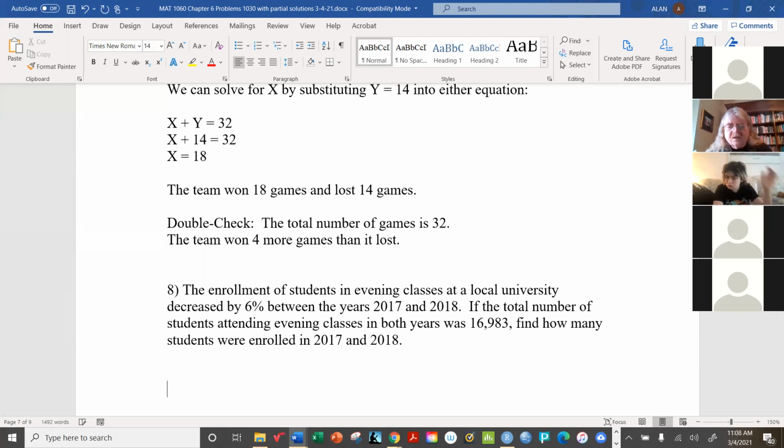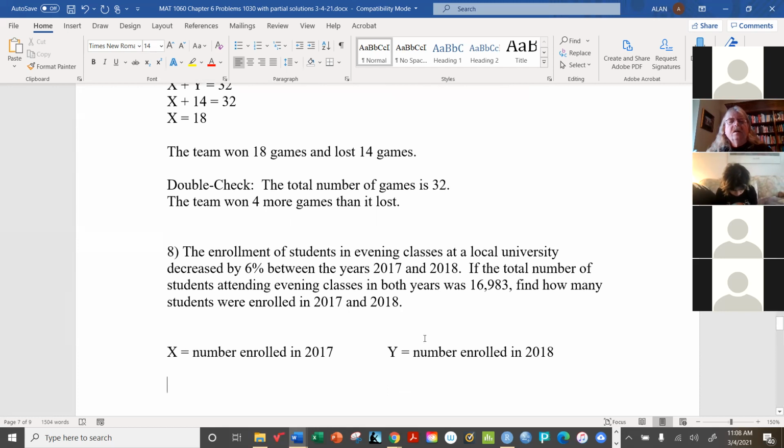All right. Now here's an interesting one. We have students enrolling in a school or classes, and we have the years 2017 and 18. So let's let X be the number enrolled in 2017, and Y would then be the number enrolled in 2018. We know 2 things.